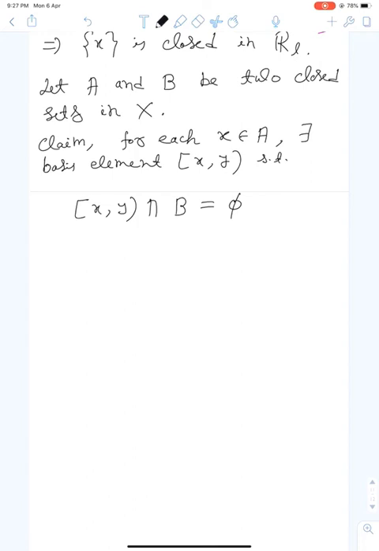So we need to first of all prove that for each point there exists such a basis element.